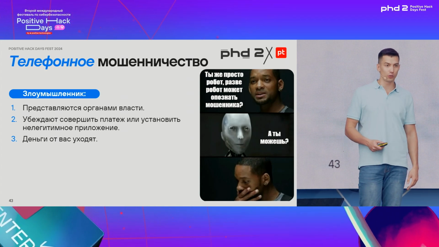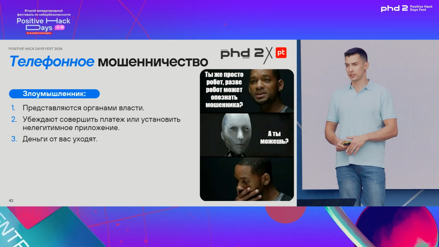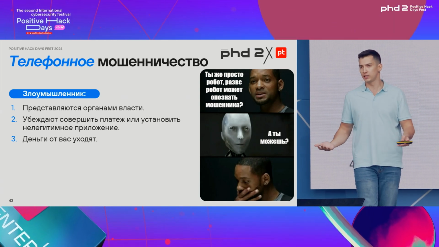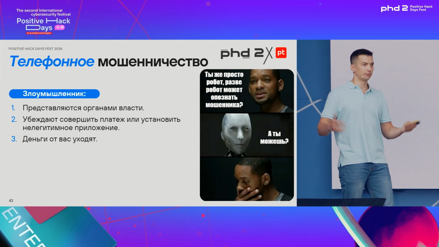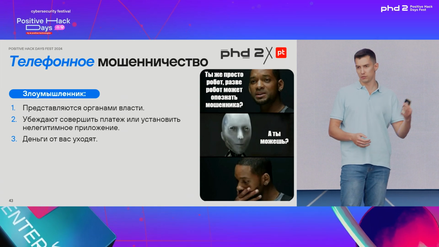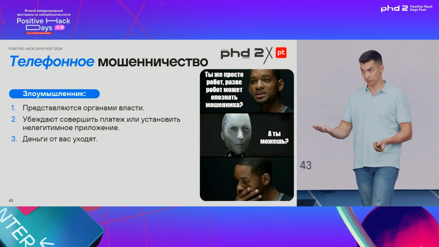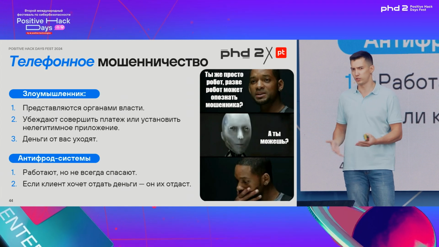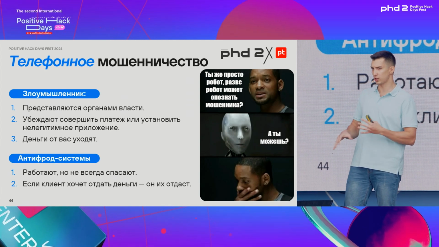What's a typical scam on the phone? Phone scammers, like some kind of deputy CEO, call you asking to transfer money, and you think, oh, it's amazing, and you make this payment. And you'll ask me, how about anti-fraud systems?